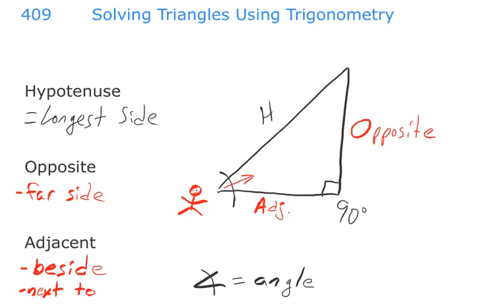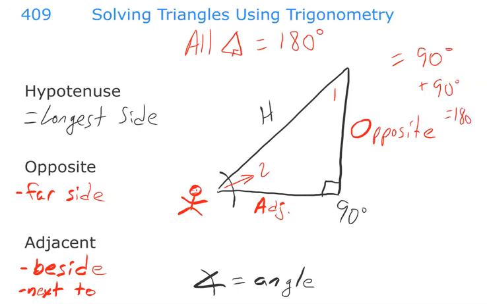Something else we need to know is that degrees. All right angle triangles add up to 180 degrees. So if that's a 90 degree in that corner, that means that the two angles left over will also equal 90 degrees, because 90 degrees plus 90 degrees is equal to 180 degrees, okay?